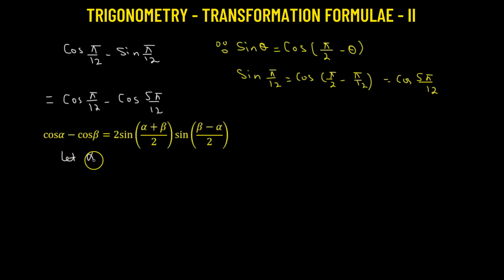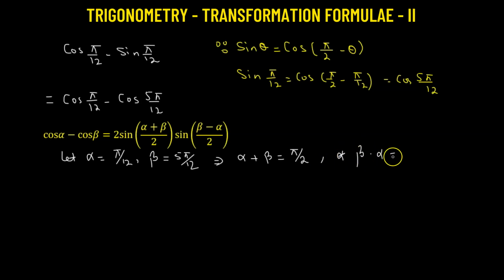Now we can apply the transformation formula, which is the difference of the cosine function. So we'll suppose that alpha equals pi over 12 radians and beta is 5 pi over 12 radians, which immediately gives us alpha plus beta equal to pi over 2 radians, and beta minus alpha equal to pi over 3 radians. So let's plug in the values here.